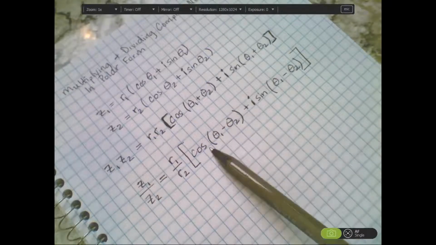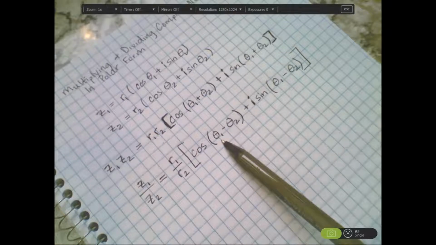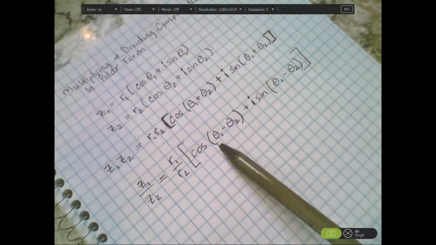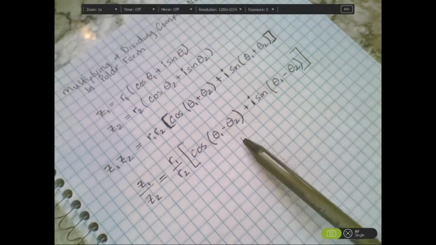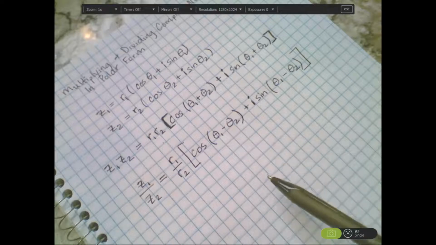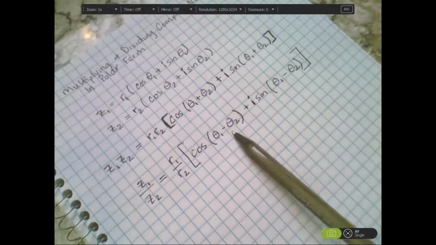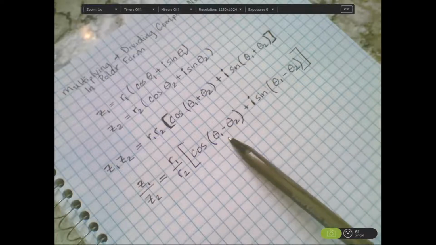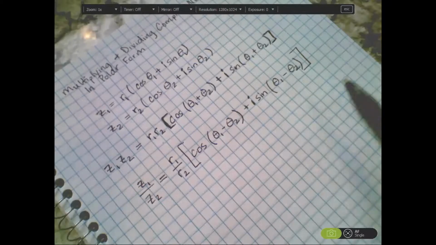So whatever angle was in your Z1, you're going to subtract the other one from that. Does that make sense? You'll see when we do the examples in just a second. And sometimes when you do this subtraction, you could end up with a negative value. So we could be taking the cosine of a negative angle or the sine of a negative angle, but that's okay. We know how to do that.